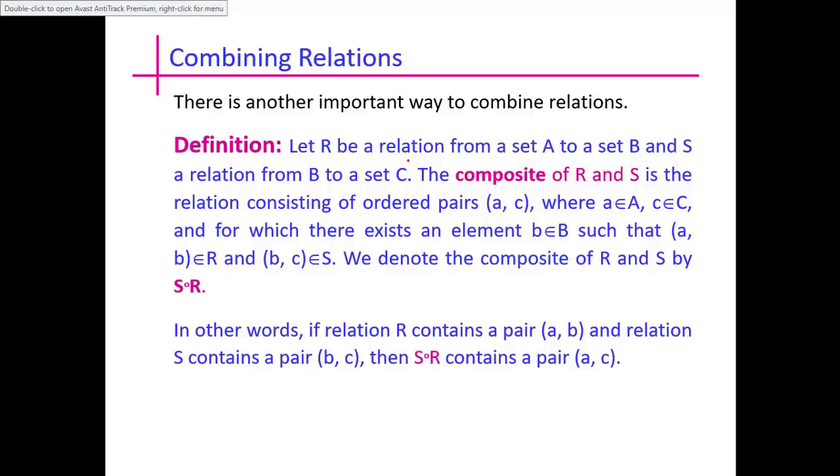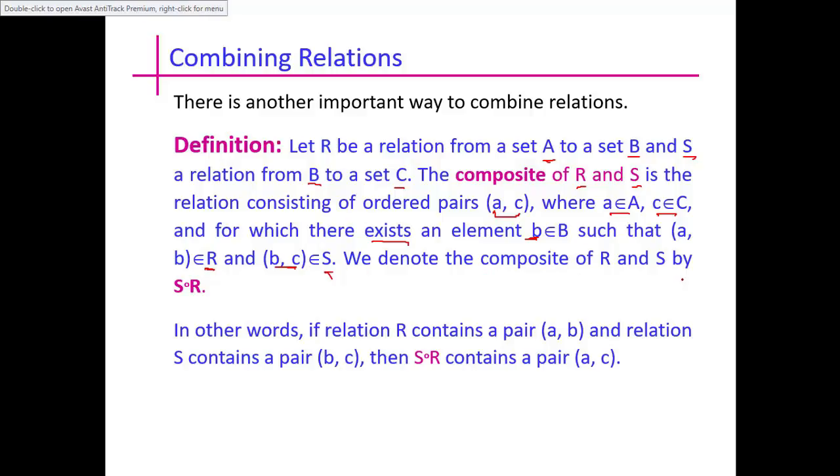Let R be a relation from a set A to a set B, and then we have a relation S from set B to set C. The composite of R and S is the relation consisting of ordered pairs (a, c), where a belongs to A and c belongs to C, and for which there exists an element b, and this element is important, such that a is related to b in R and b is related to c in S.